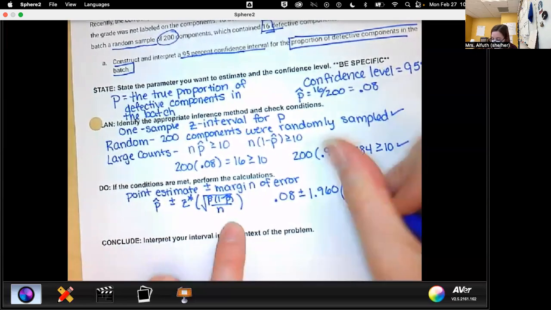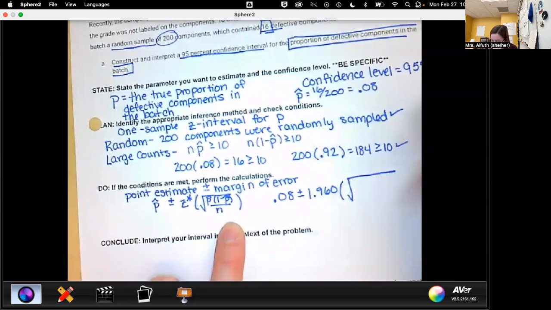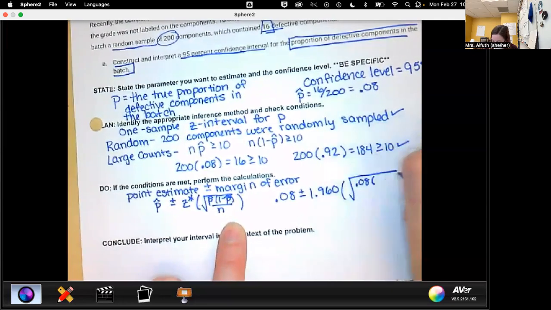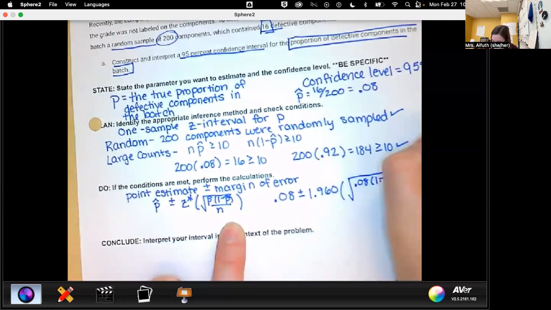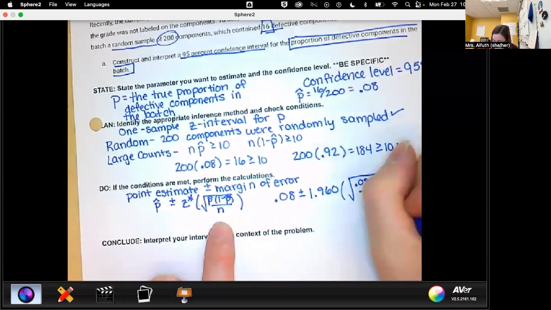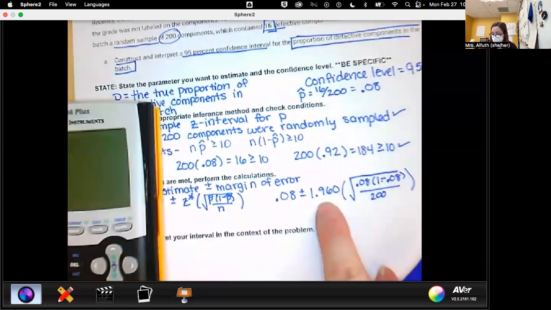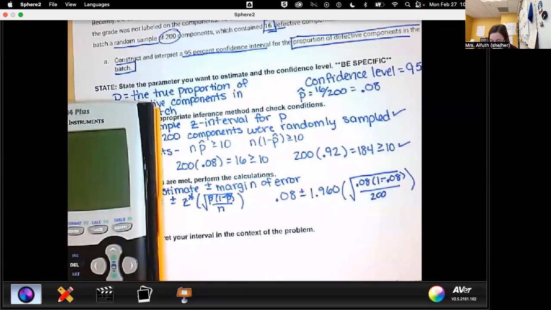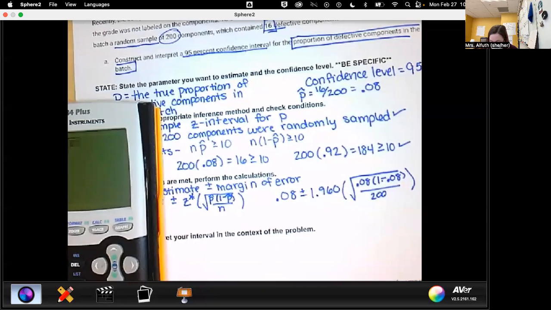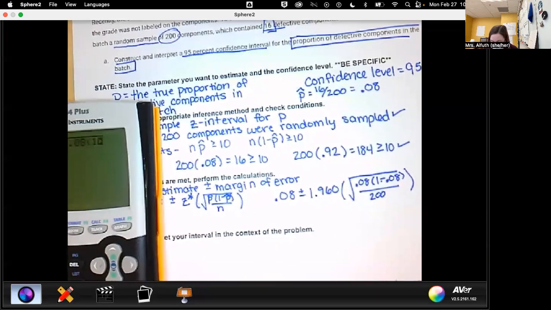Anyways, just to continue this, times the square root of 0.08 times 1 minus 0.08 divided by my n of 200. Then I'll use my calculator to calculate that margin of error. So 1.960 times the square root of 0.08 times 1 minus 0.08 divided by 200.